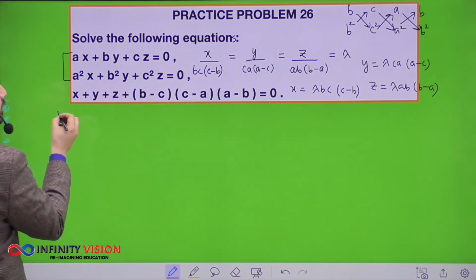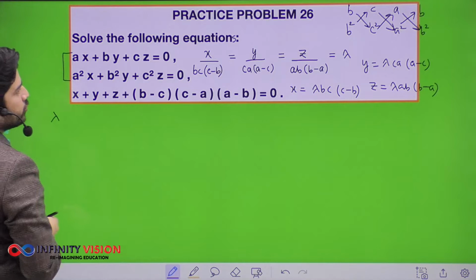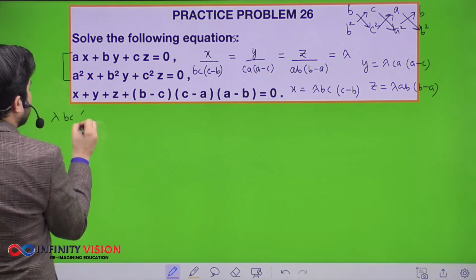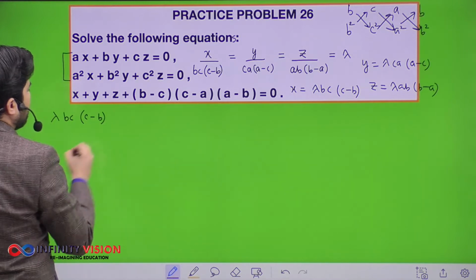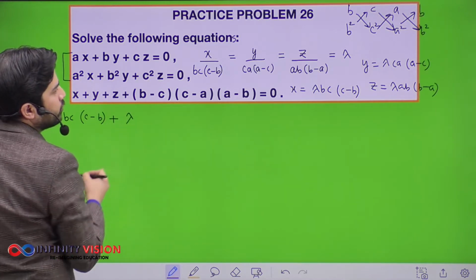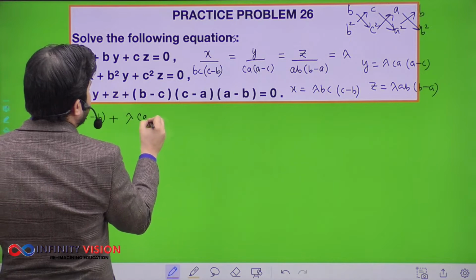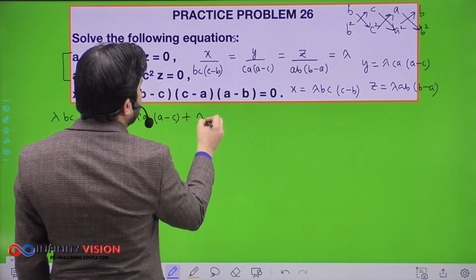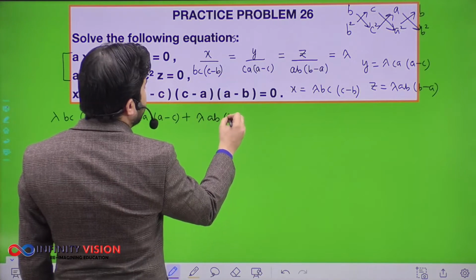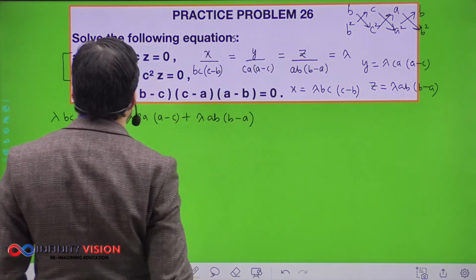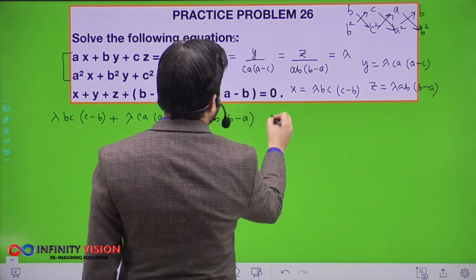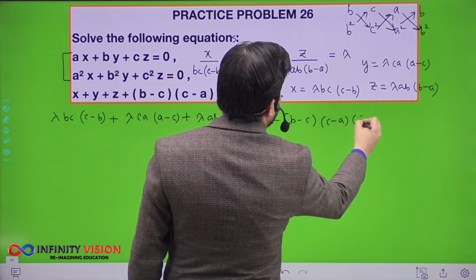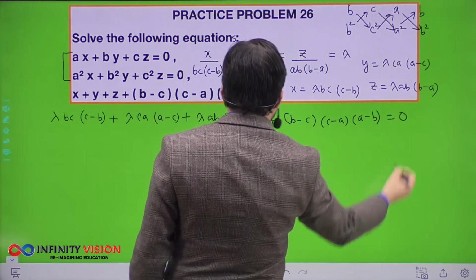Now I'll just put this whole thing here. So your x would become lambda into bc into c minus b, and the y is lambda into ca into a minus c plus lambda ab into b minus a plus b minus c into c minus a into a minus b equals to 0.